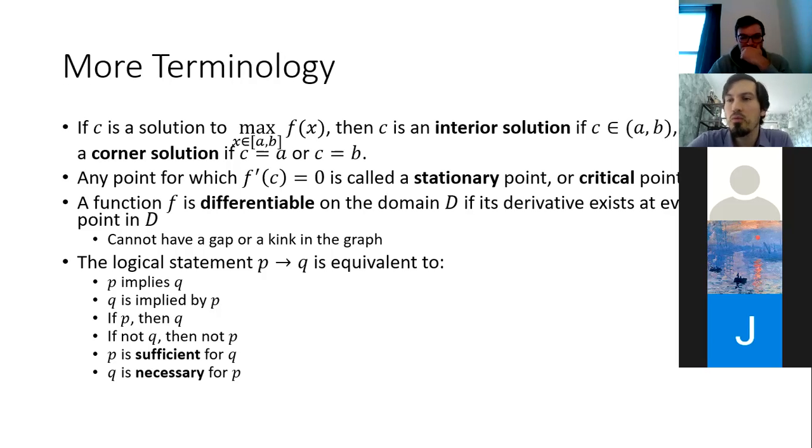What does it mean? Why would you ever care about a necessary condition for maximization? Isn't the whole goal to prove that it's a maximum? Yes. And to do that, you need a sufficient condition.